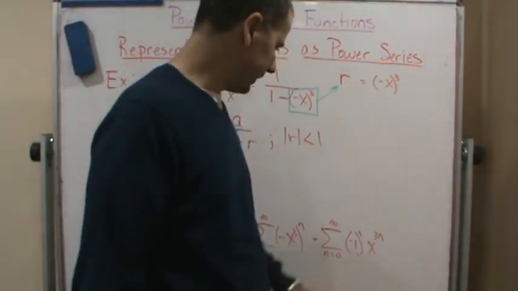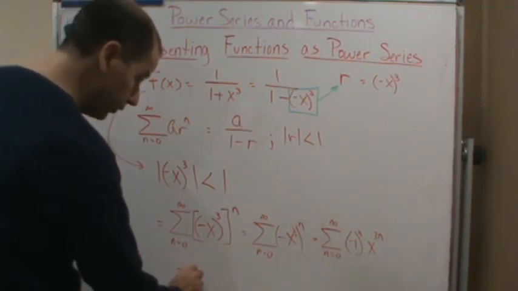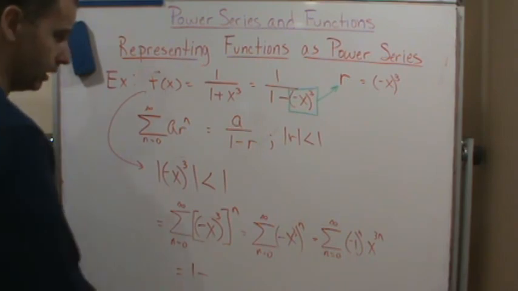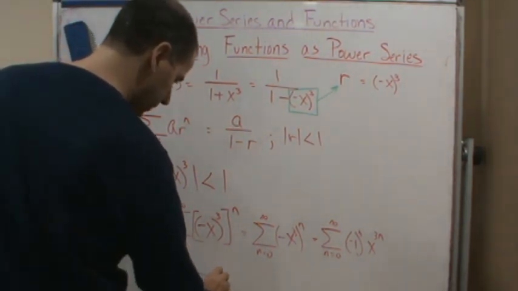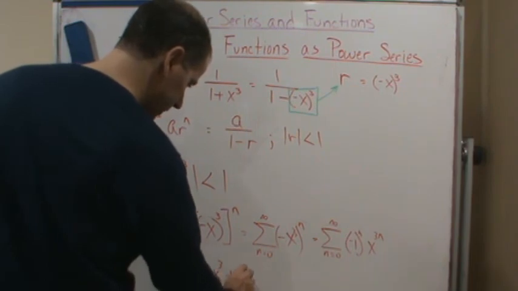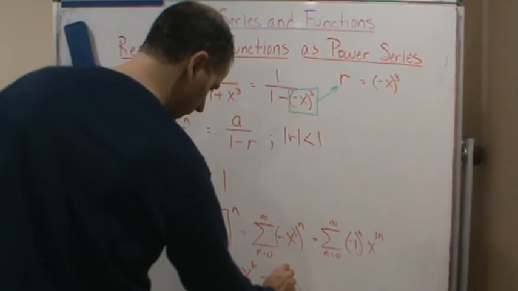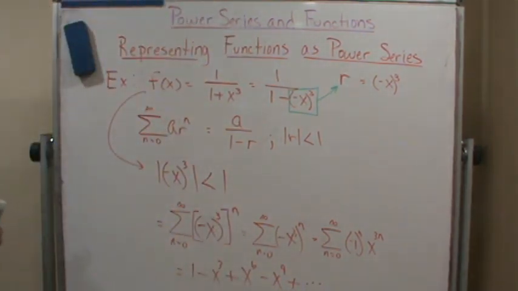And so what you end up getting is this: when n is 0, you get 1, and then when n is 1, you get minus x to the 3rd, plus x to the 6th, minus x to the 9th, plus, and so on.